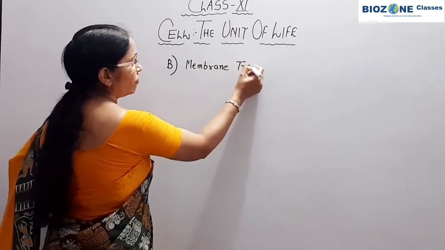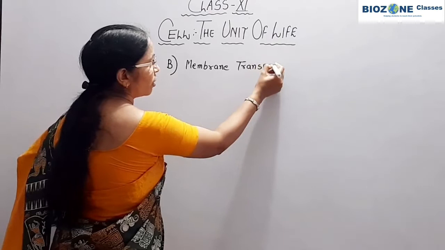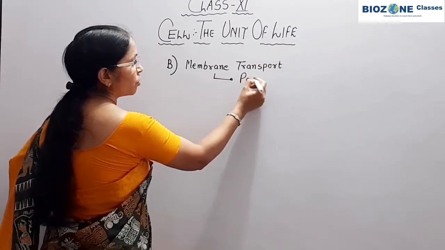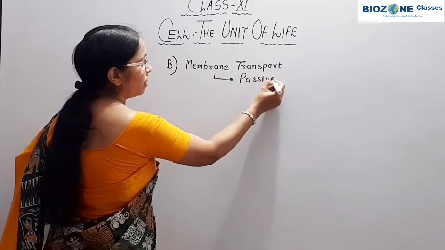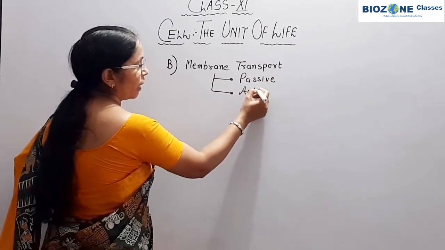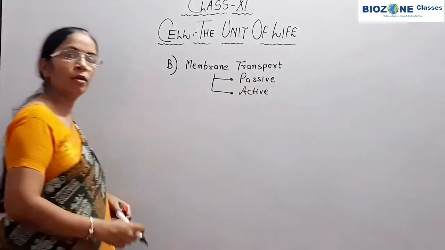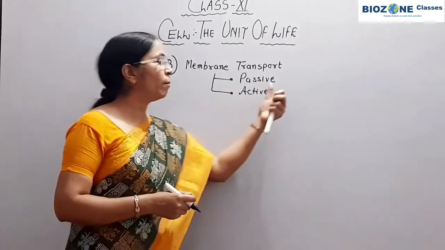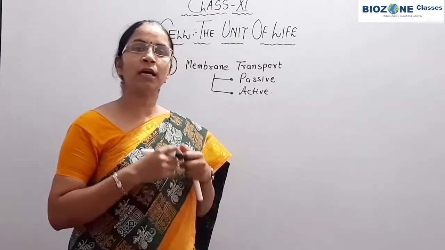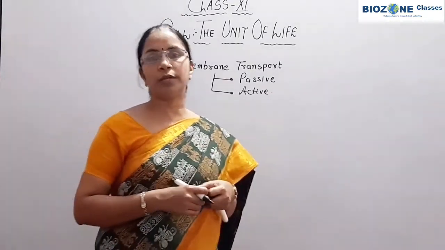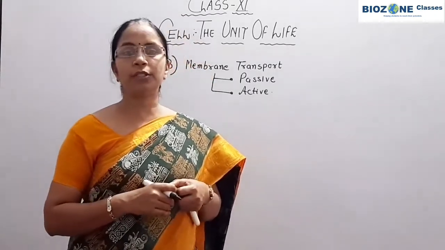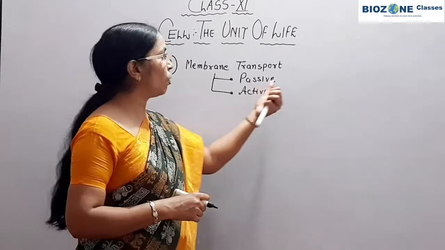When we study this mode of transport, you remember there are two types of transport: passive and active transport. As you already know, passive transport means the transport which takes place according to the concentration gradient, and because of that the metabolic energy ATP is not utilized.